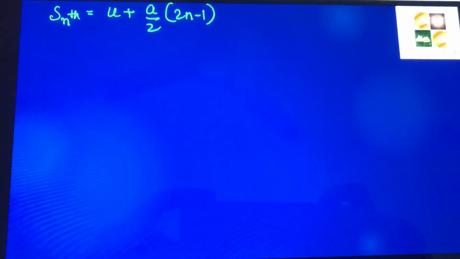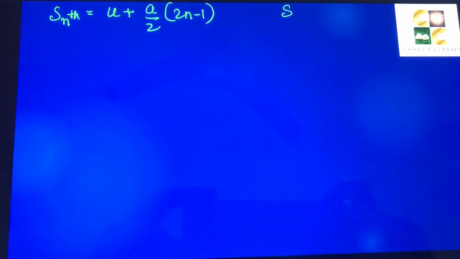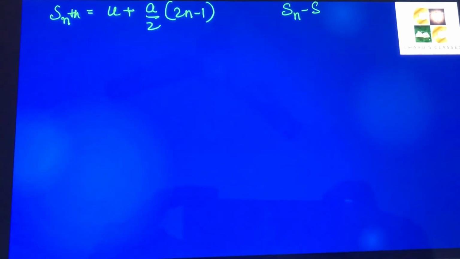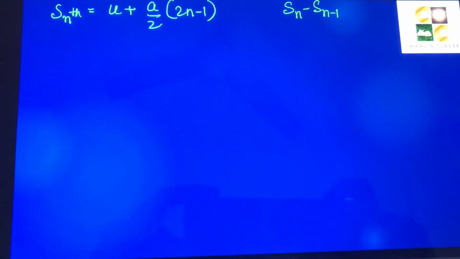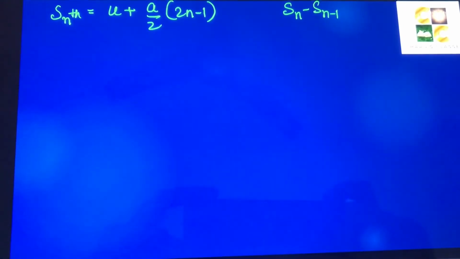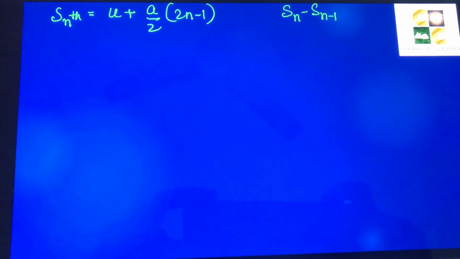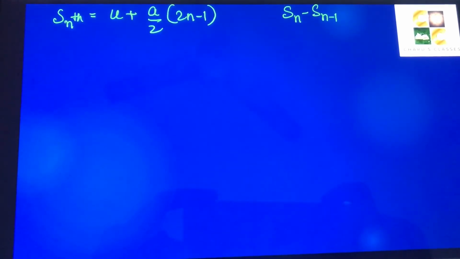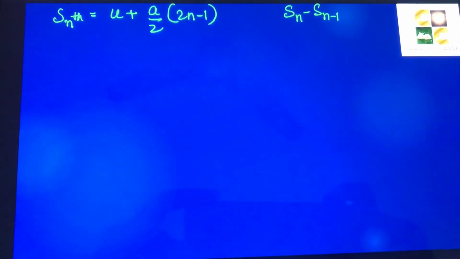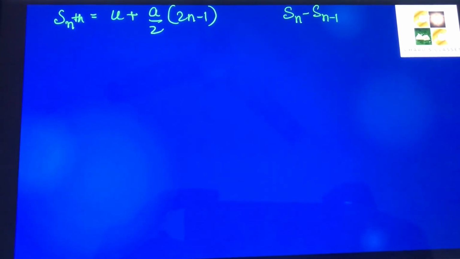The displacement which will happen in the nth second can be written as Sn minus Sn minus 1. यानी कि 0 से लेकर अगर हम nth टाइम या सेकेंड तक टोटल डिस्प्लेसमेंट में से 0 से n minus 1 तक का डिस्प्लेसमेंट माइनस कर देते हैं, तो we are able to get that what is the displacement which happened at the nth second. So we are going to derive this equation.